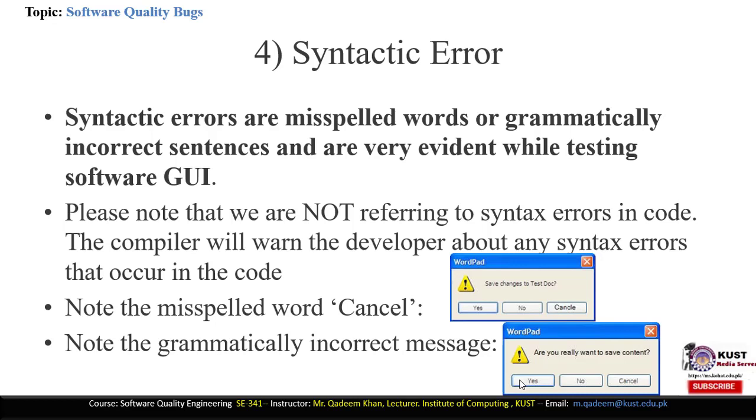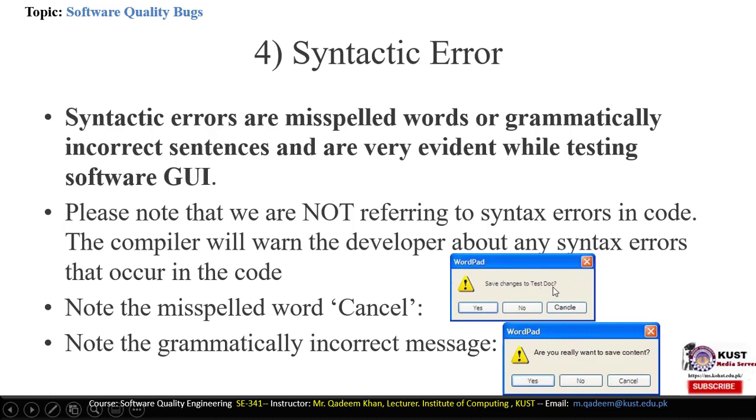Here you can see that in this GUI there is a yes, no and another button, that is the cancel button, but here the spelling mistake is there. The compiler will run this software, but there will be syntactic errors in the GUI of the software system.